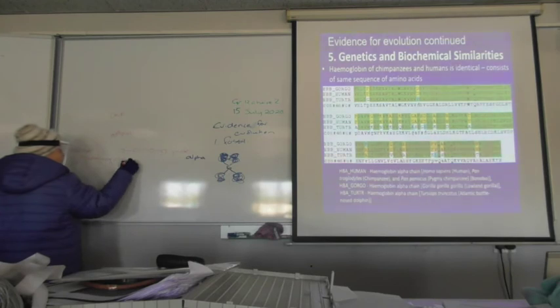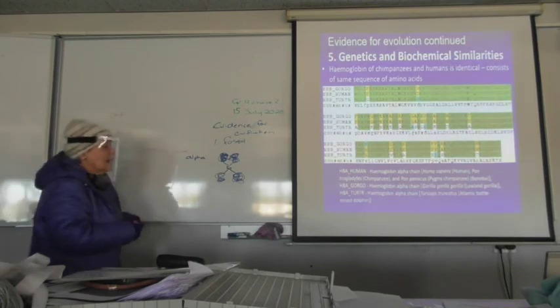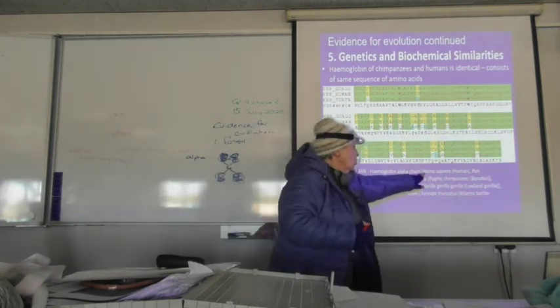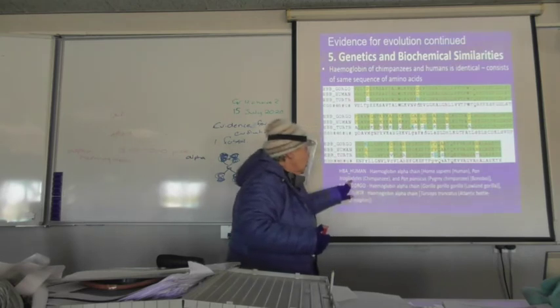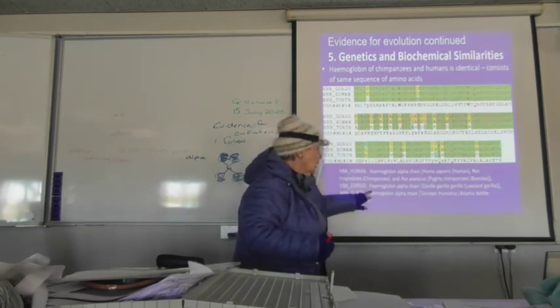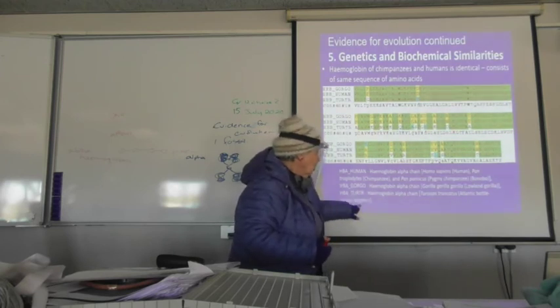So I've taken the alpha chain of hemoglobin from all of those animals. In fact, there are 4 animals that we're comparing here: humans, chimpanzees, gorillas, and Atlantic bottlenose dolphins.